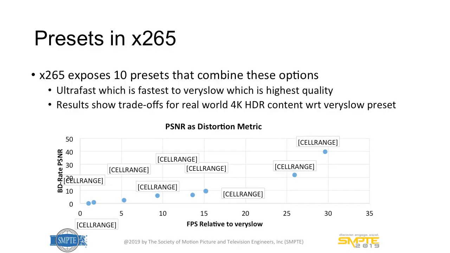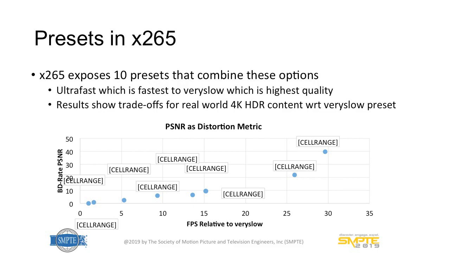This graph here shows on the x-axis our speed, frames per second, relative to veryslow. The y-axis shows the metric called BD rate, which is basically how many more bits. If BD rate is positive, it says how many more bits I need to get the same quality, measured in PSNR. So for example, if veryslow is the reference, it's 1.0 FPS and 0 BD rate.